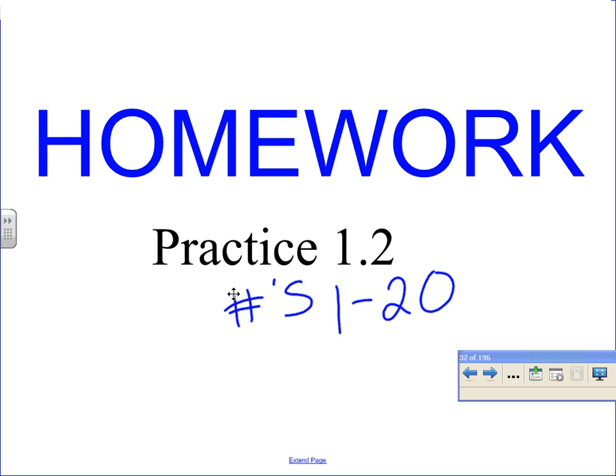Yep, blue packet. Anytime I say the homework packet, just so you get used to this, it's the packet that has the worksheets in it. Now, we did not get through that entire lesson, but you know enough to do numbers 1 through 20. So take a look at number 1. How would you write number 1 using an exponent? Matt? Good job. All you would do for number 1 is write down 43 to the 4th power.